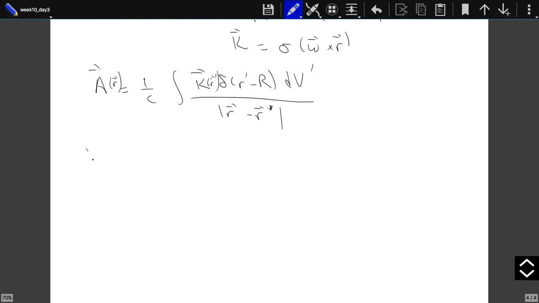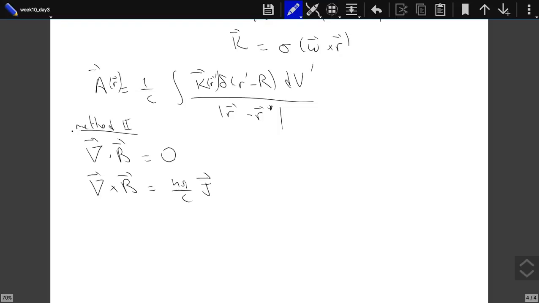Now, the magnetic field satisfies these two equations. The divergence of B is equal to 0, and the curl of B is equal to 4 pi over c times J. Now, let's assume we are either inside the sphere or outside the sphere, not on the sphere.